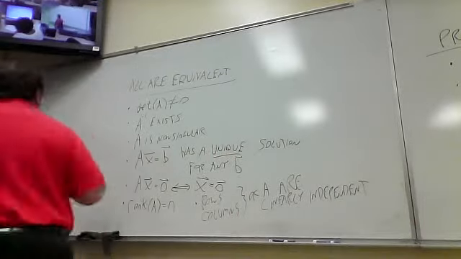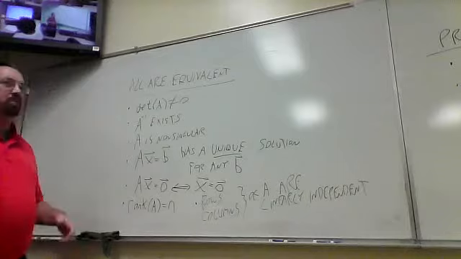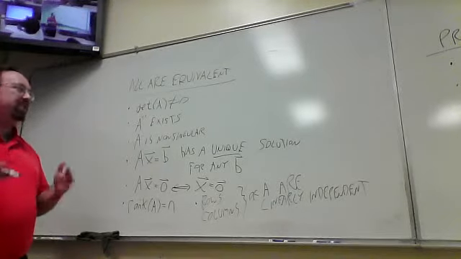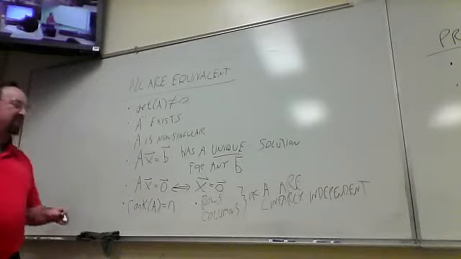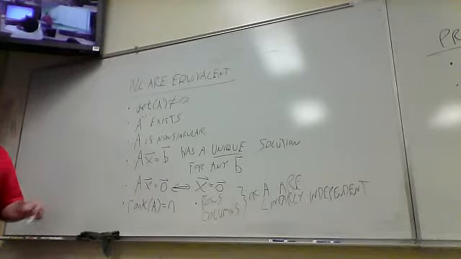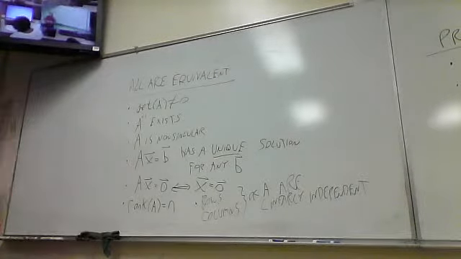Because in fact, if the columns were not linearly independent, then you'd be able to combine them in a non-trivial way to get the 0 vector, so Ax equals 0 would have a non-trivial solution. So the fact that you can't do that means that the rows and columns are actually linearly independent. Okay.